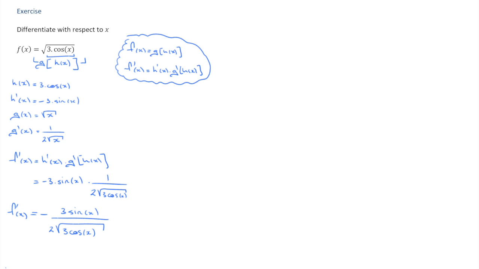Now, let's differentiate this using the second way of writing the chain rule. So to begin with, let's write y equals the square root of 3 cosine of x. There we go. Now quickly, we'll remind ourselves that if y is some function of u, so some function of u of x, then dy dx equals dy du times du dx.